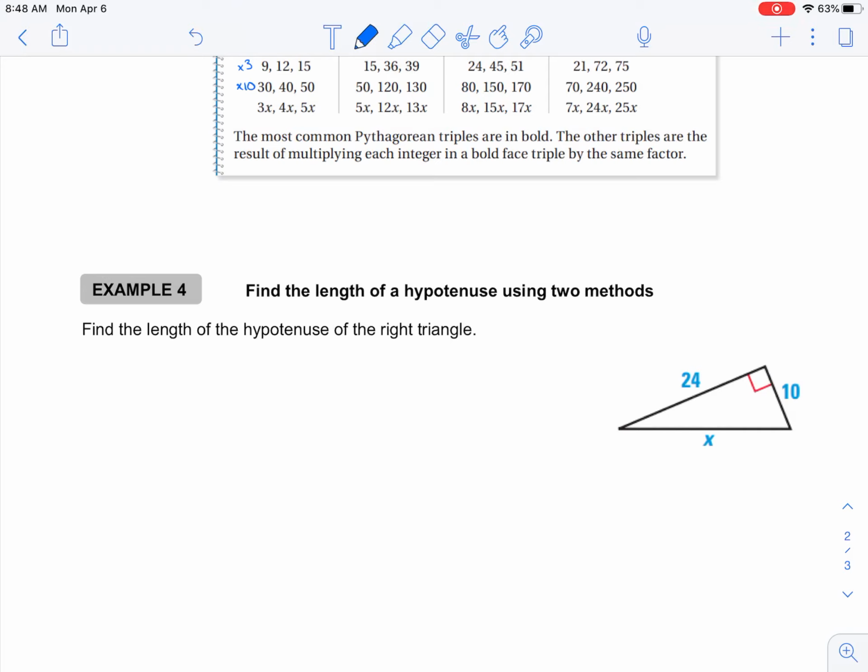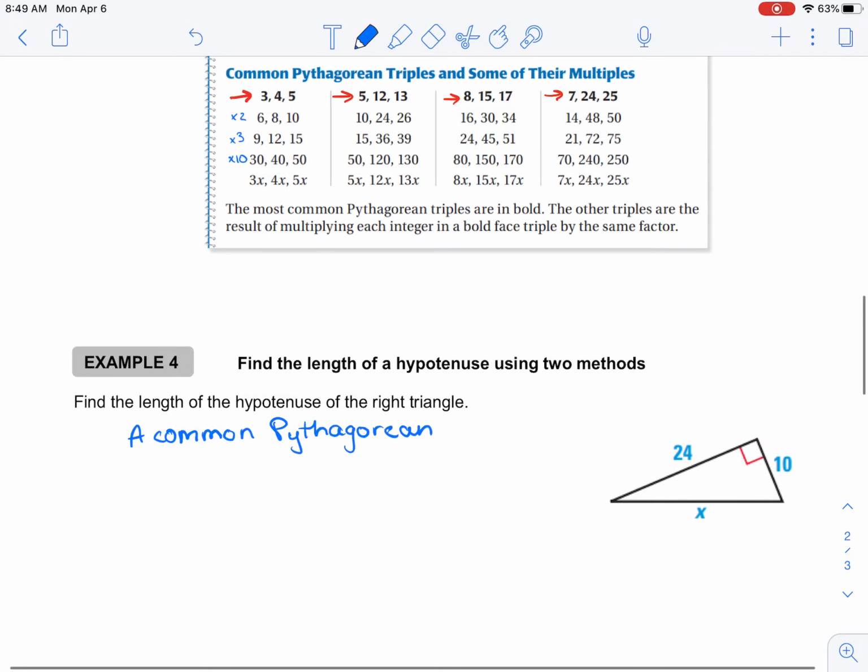We can say a common Pythagorean triple is 5, 12, and 13.